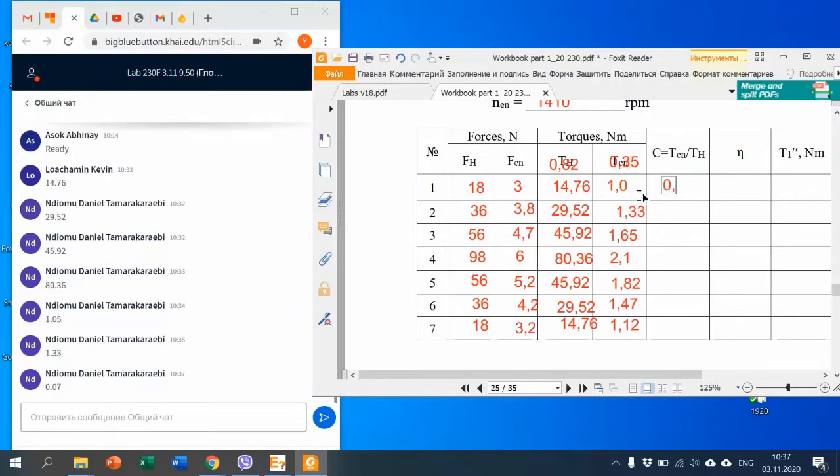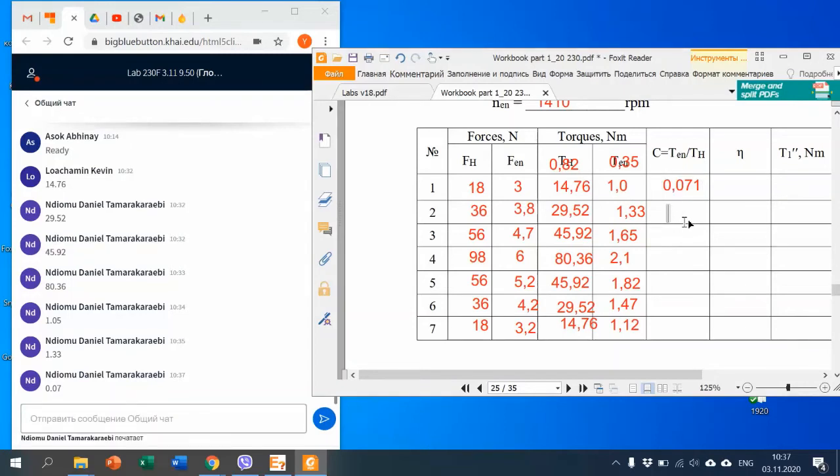T engine should be divided by this value. 0.071. 0.045. Yes.